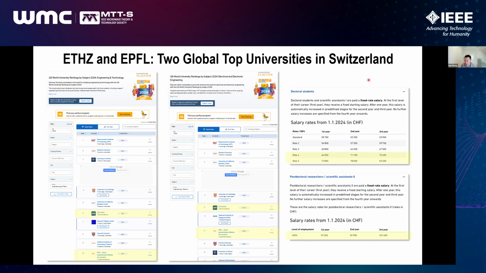Typically EE students and computer science students are paid at rate number 4 and number 5 for ETH Zurich. I don't know EPFL's salary levels, but I believe they should be very similar in Lausanne. Our postdocs, researchers, and scientific assistants are also paid a very high salary. These are Swiss francs, so to convert to US dollars, multiply by about 1.1.